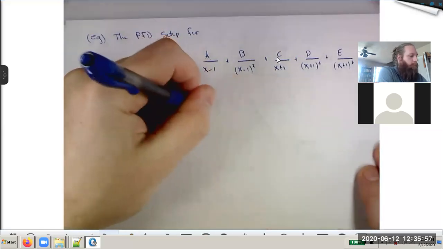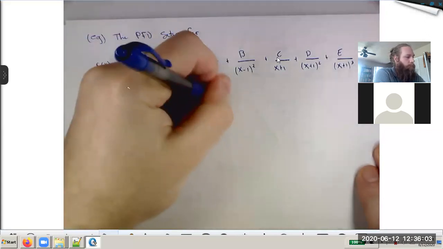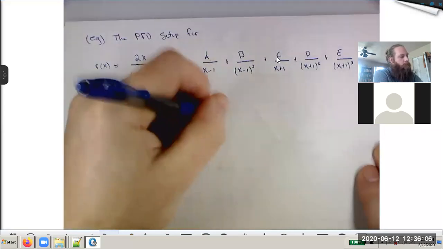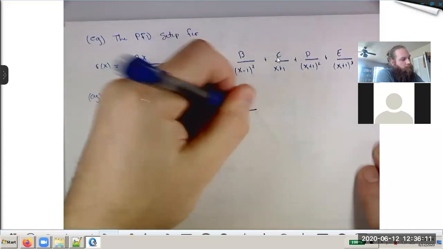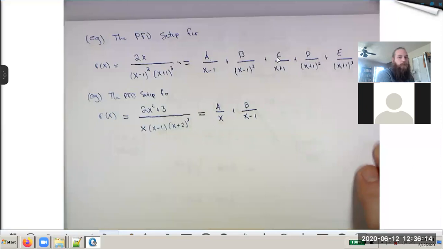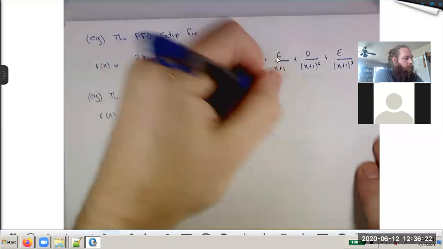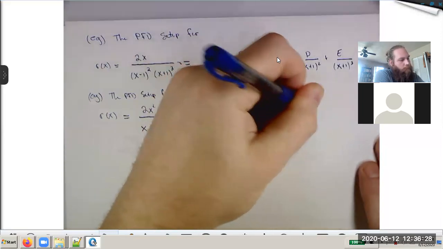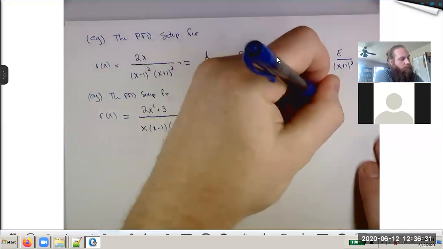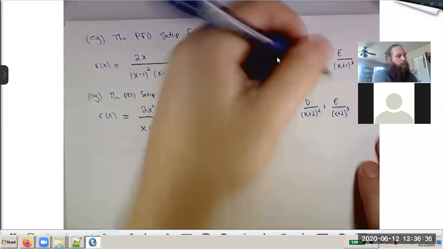The first 2 factors of the denominator are not repeated, so they each just get 1 term. So the x factor gets this. The x minus 1 factor also is not repeated, so he just gets the single term in the setup. But then the x plus 2 factor, he's going to get 3 terms: C over x plus 2, D over x plus 2 squared, and E over x plus 2 cubed.